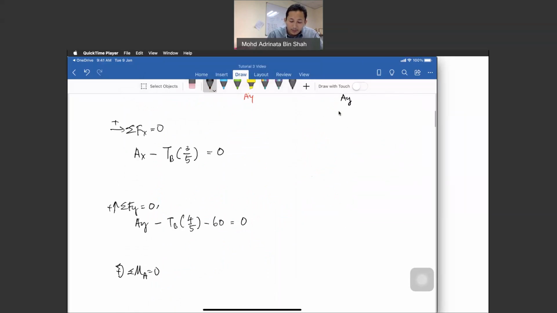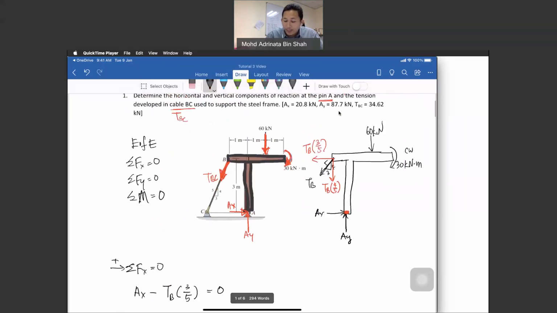if we fix at point A, for moment we have TB 3 over 5 and the distance is 3 meter and it is counterclockwise.